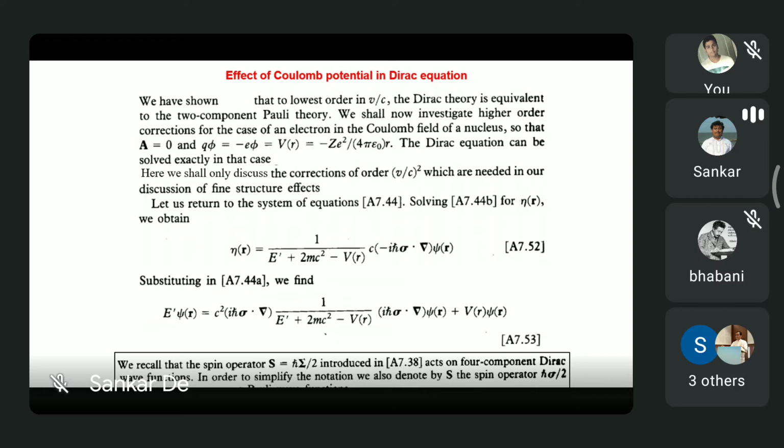Then we substituted this eta form in E dash psi(r). We got c square i h bar sigma dot grad, times 1 by (E dash plus 2 mc square minus V(r)), times i h bar sigma dot grad psi, plus V(r) psi. So what we did was get this form from 7.44b.